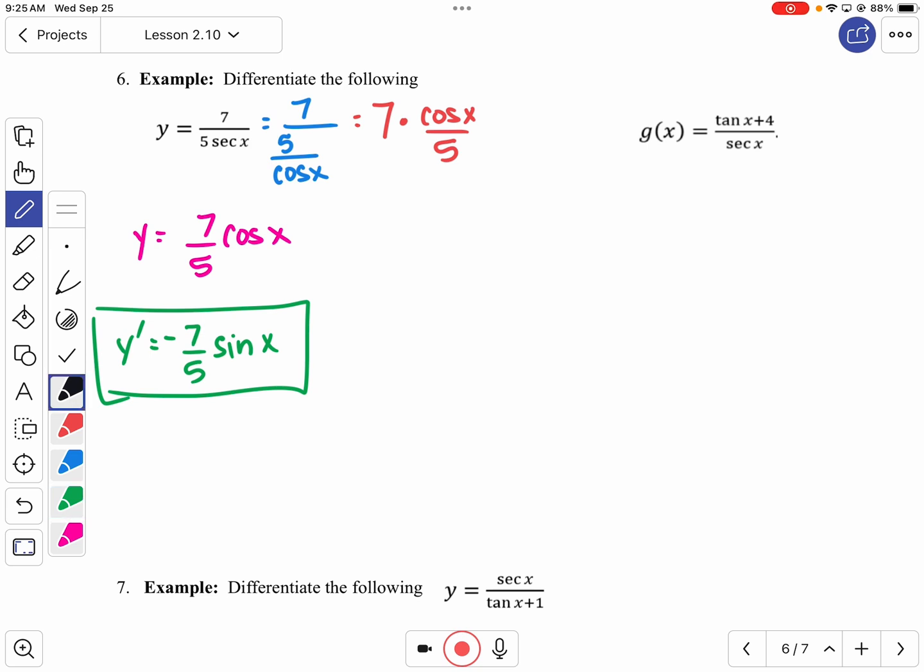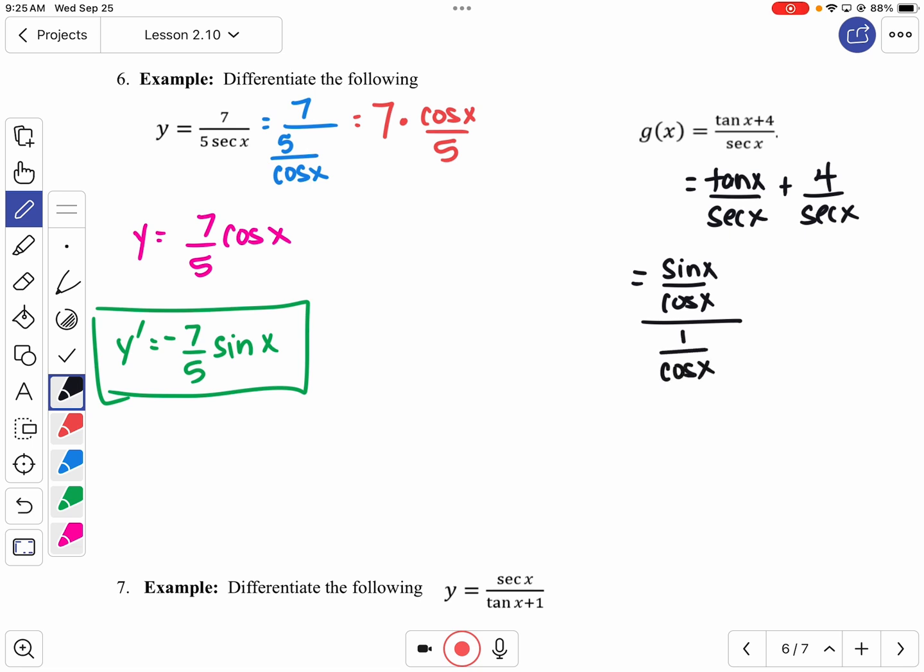If I take tangent divided by secant, plus 4 over secant, it doesn't look like it's helped me yet, but how do I define tangent? Sine over cosine, divided by secant, which is 1 over cosine.